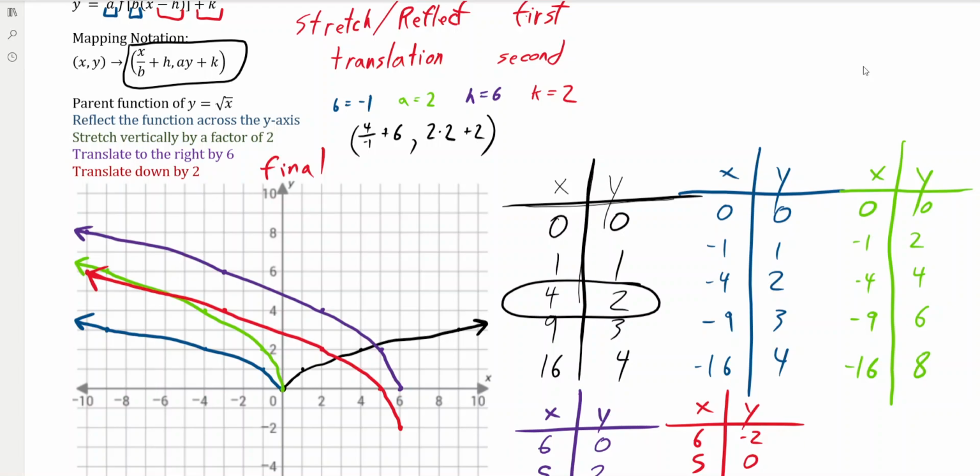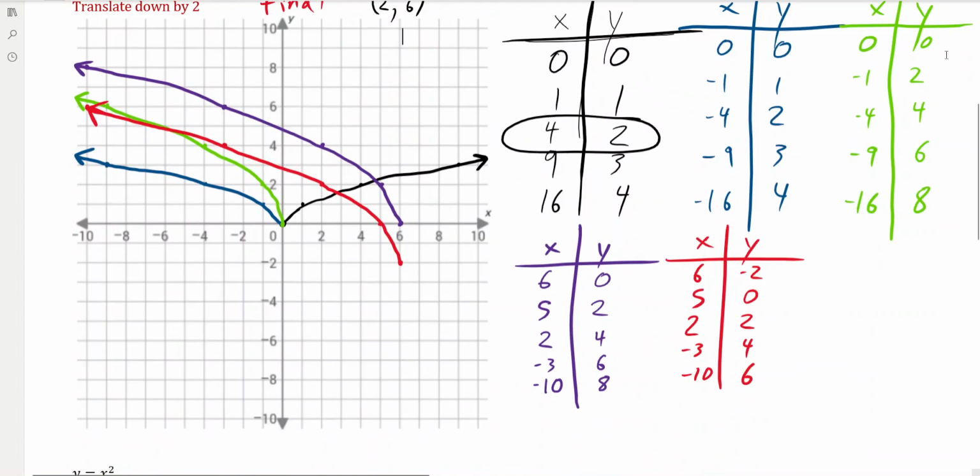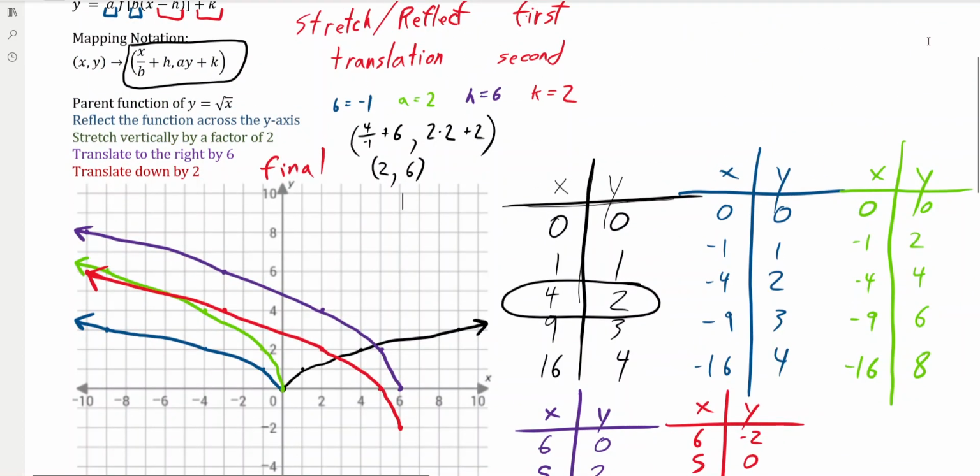This will give us negative 4 plus 6, so this would be 2. Lots of 2's in this question. 4 plus 2, so this would be 6. So that means our third point down should be 2, 6. Let's see. Oh, hold on. Did I do something wrong? Oh, yes, I did do something wrong. Oh my goodness.